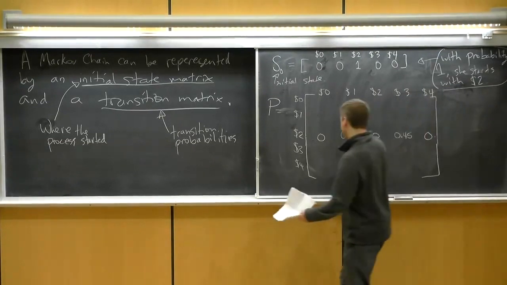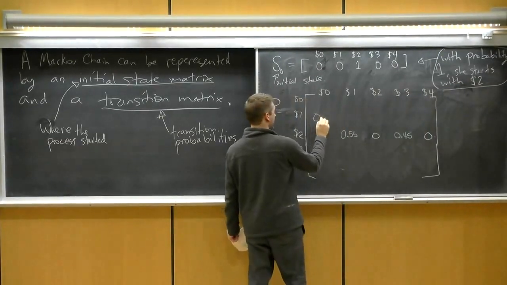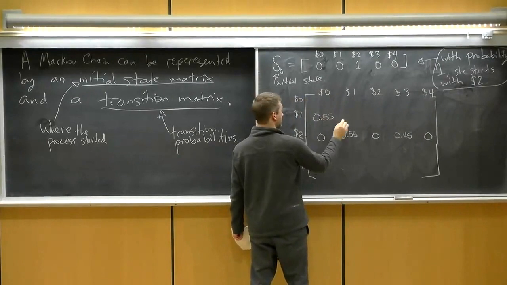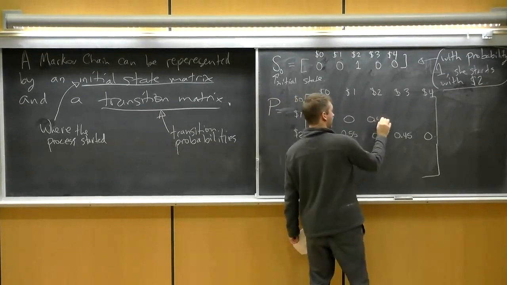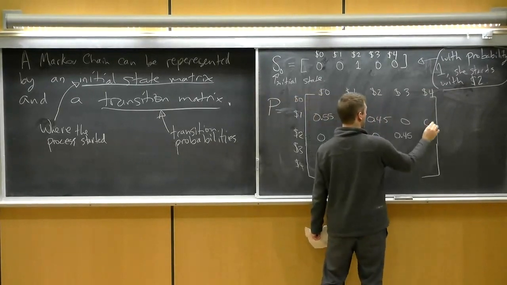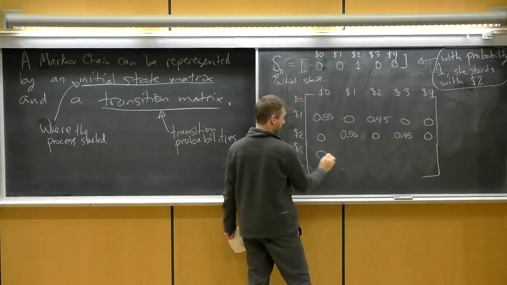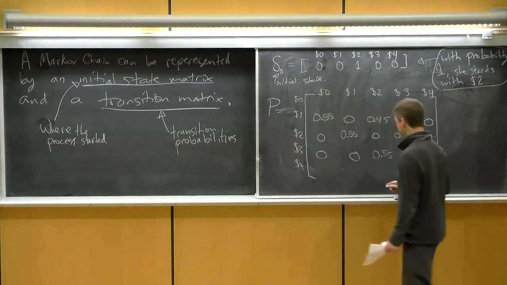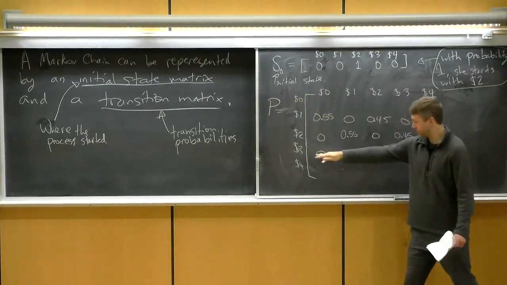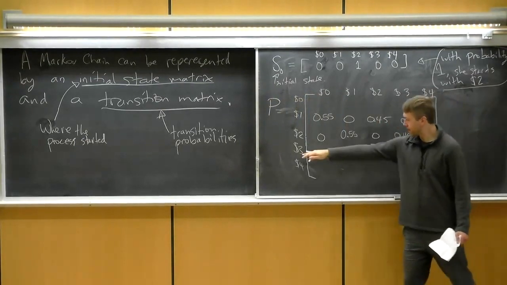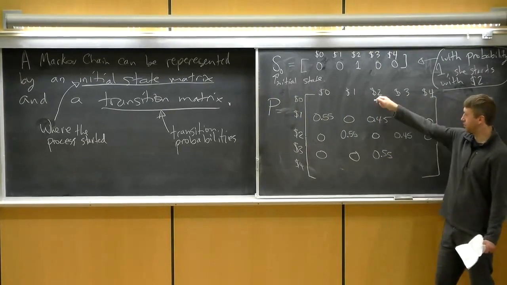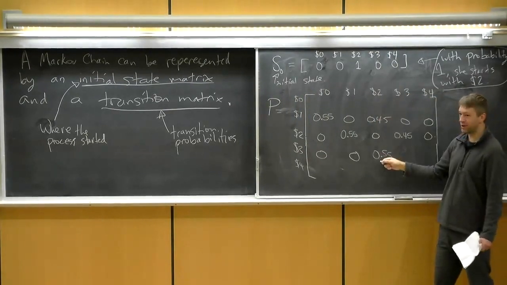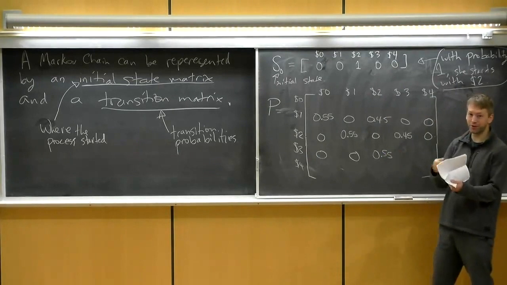And then you've got similar things for the other rows. On the row for $3, the entry in the column of $2 is the probability of going from $3 to $2.